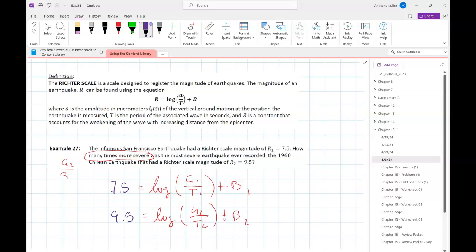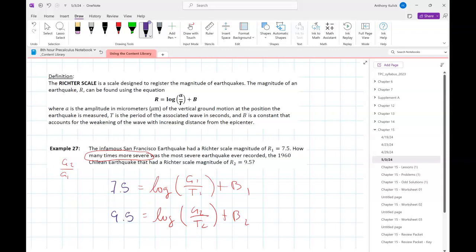So far, so good. Now, what can I say about the B's here? What is B again? There's a constant that accounts for the weakening of the wave. Right, so that's our little correction factor here.